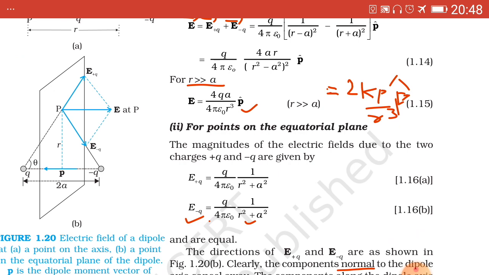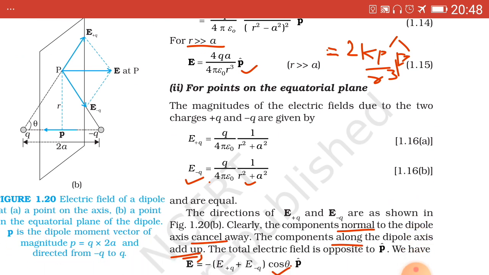Equator is perpendicular bisector. You can note it down. Again I repeat, here it's not given in the description. Note it down. Equator is the perpendicular bisector to the line joining two electric charges of dipole.